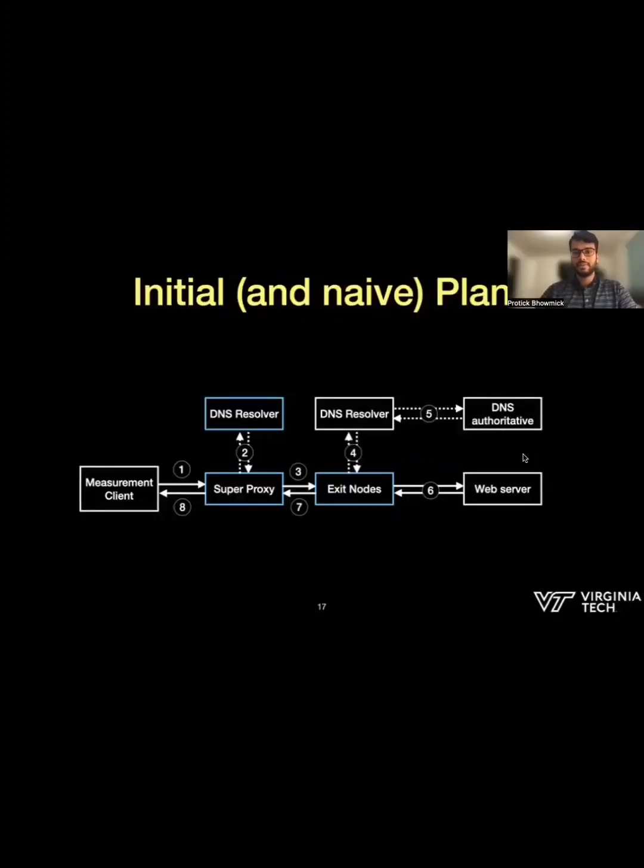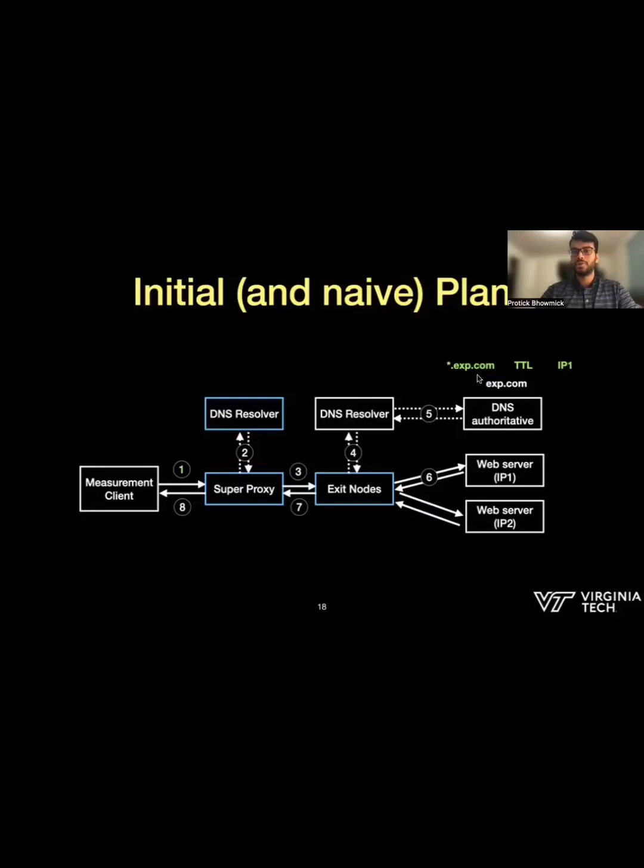Our initial plan is that, as we have the DNS authoritative server and also the web server under our control, we would populate our DNS authoritative server with a record that points to IP1. And we'd also have two different web servers designated by two different IPs. So when we send a single request through the super proxy, at first the exit node would connect to IP1.